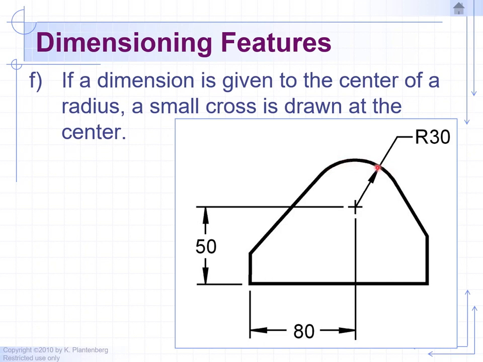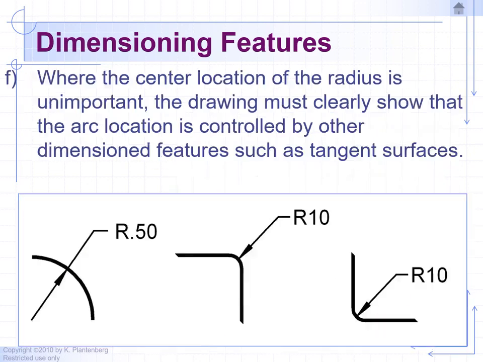Or once again, it's to mate with another part. So this is the way you dimension it, and you do it with a simple center mark. In this case, you do not extend. Again, this is a very rare situation, but it does exist. Next slide. Okay, here's what's more common when it comes to a fillet, a radius, an arc.